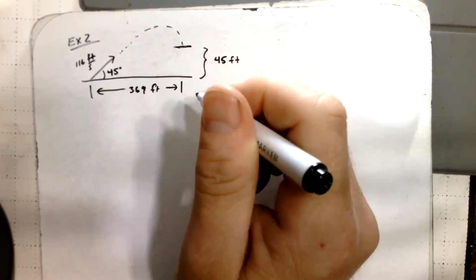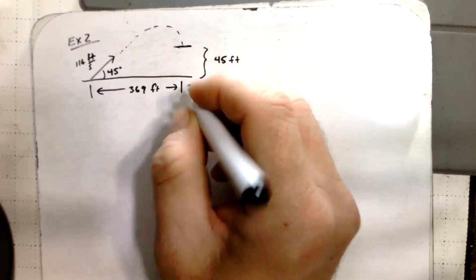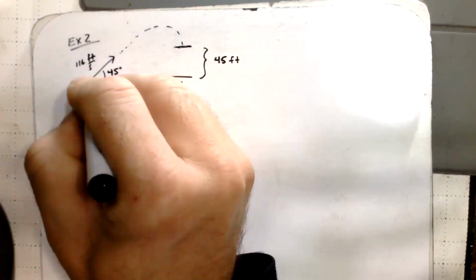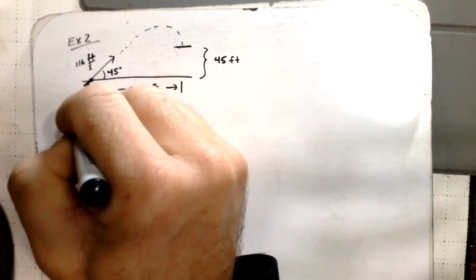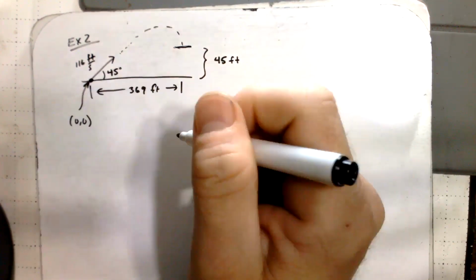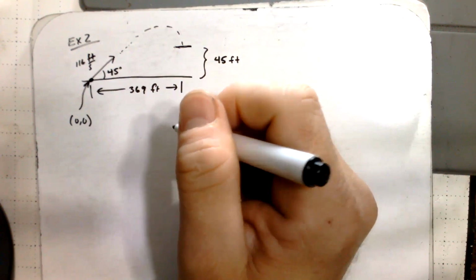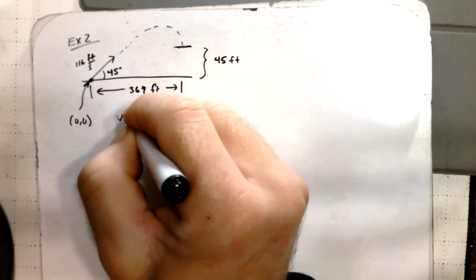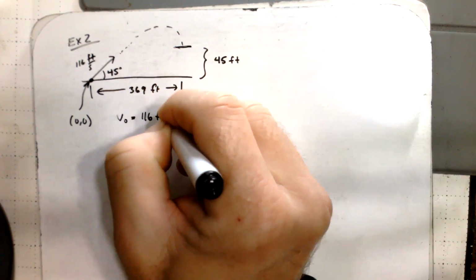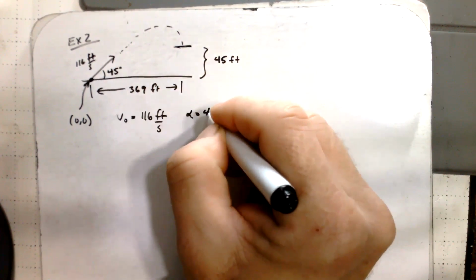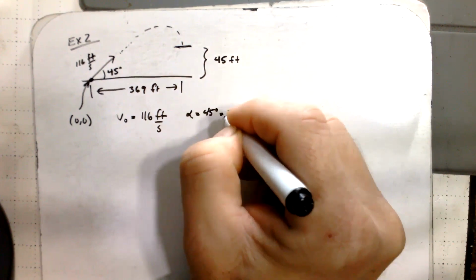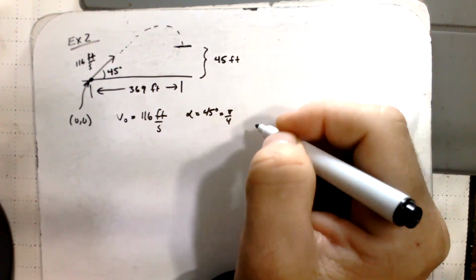Okay. So first of all, let's assume that where we're at right here is the origin. So that's going to be 0, 0. And what do we know? We know v naught is equal to 116 feet per second. We know alpha is equal to 45 degrees or pi over 4 radians.